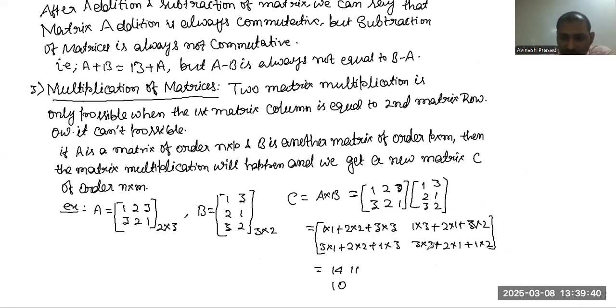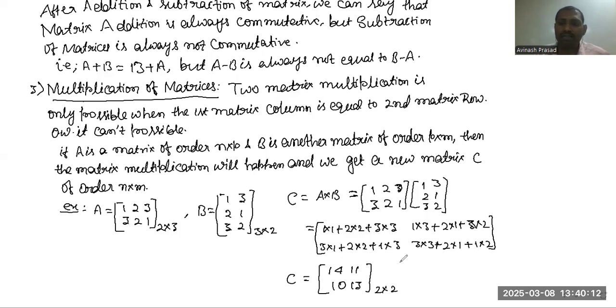And 9 plus 2 plus 2, so that is equal to 13. We get a new matrix C whose order is 2 cross 2.